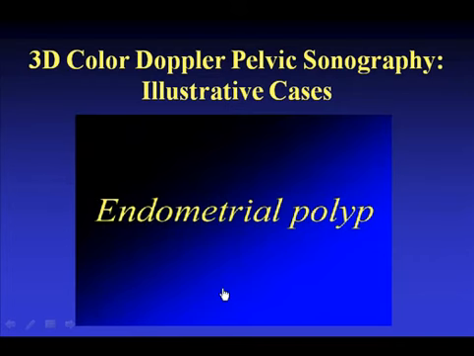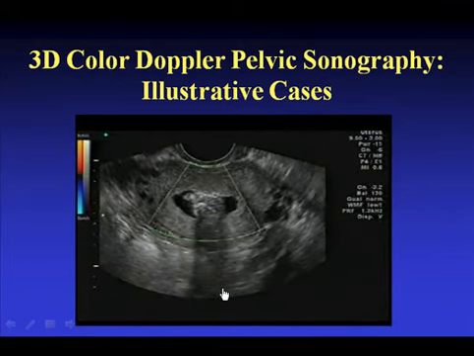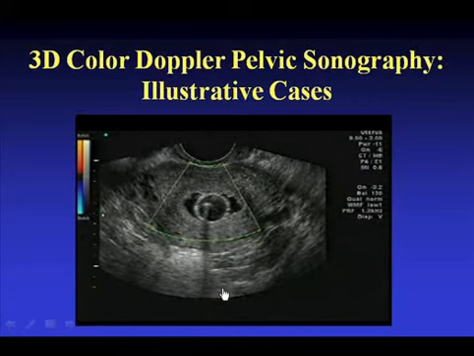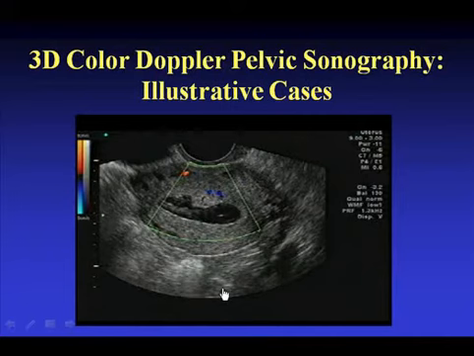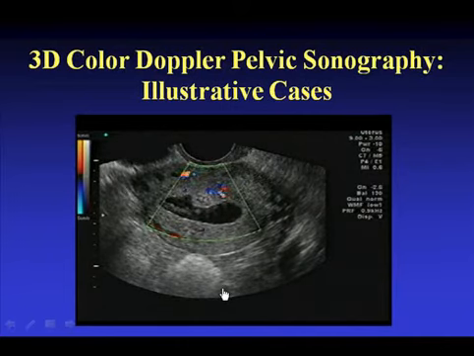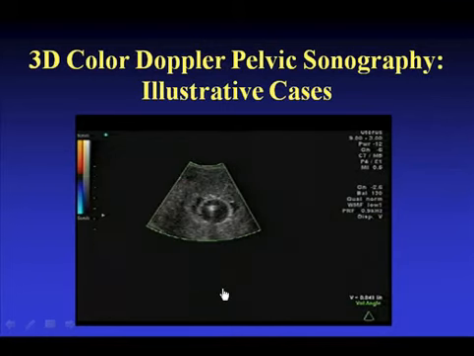This is a 3D image. As I mentioned briefly, we can use fluid in the lumen, and we can identify beautifully the polyp and its vascularity. As we can see here, the vessels inside of this polyp are seen and are better seen with 3D representation.